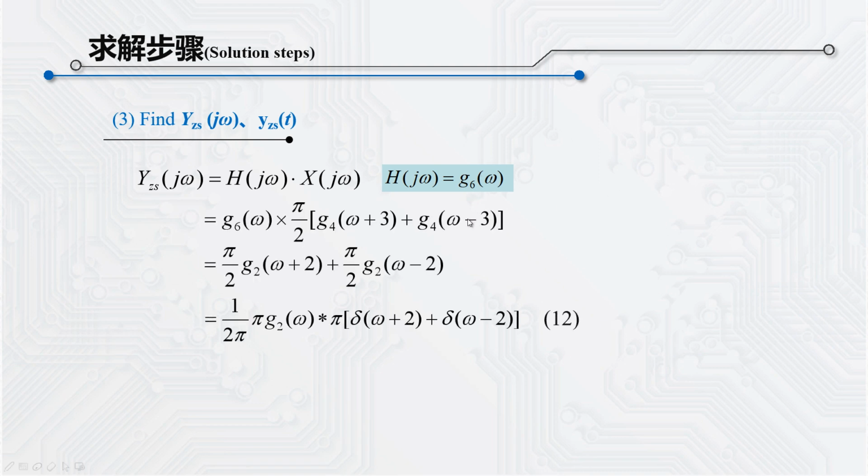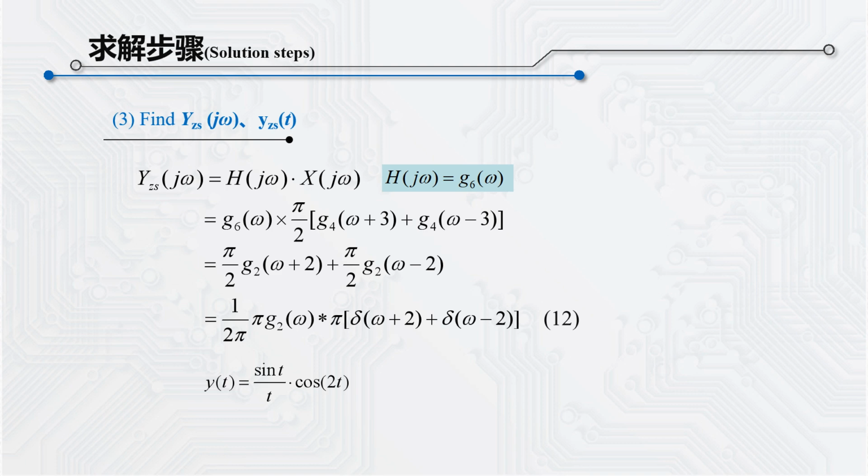So if we multiply these two functions, we can get formula 12. This is the spectral density function of the system output. By observing formula 12, we can find that the output y(t) of the system is equal to sine t over t times cosine 2t. Why?